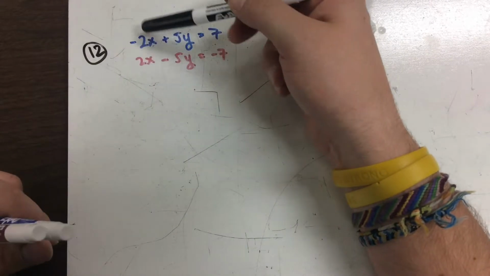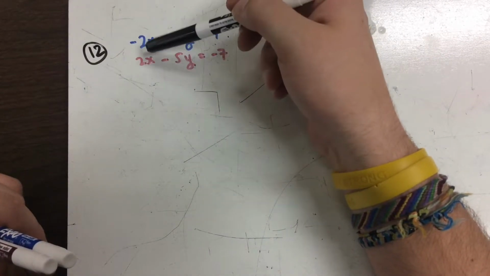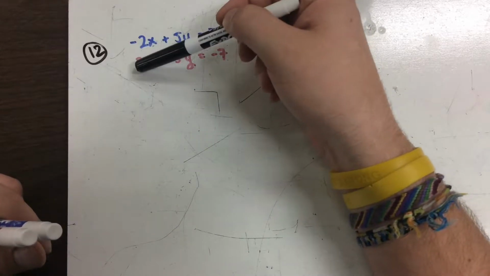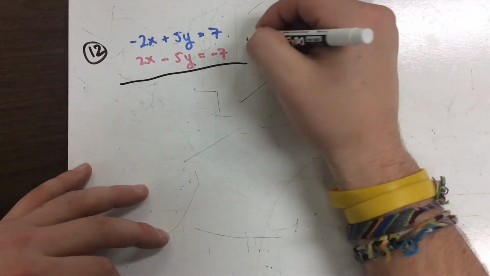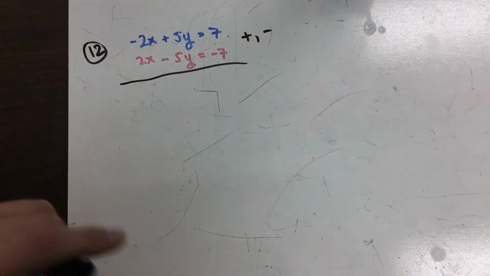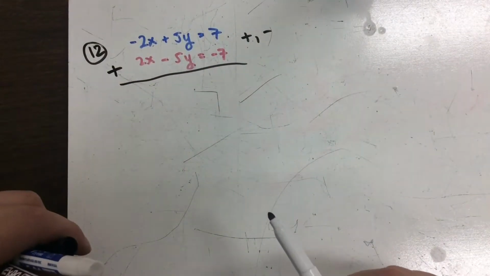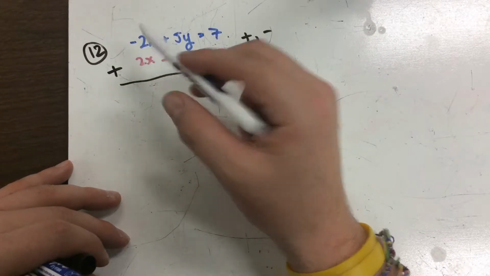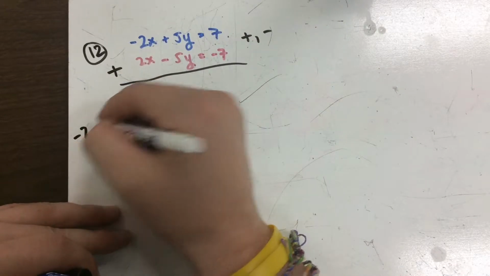And I'm going to think to myself, how can I make this into a 0x? Let's see. If I add negative 2 and positive 2, I'm going to get 0. So the operation I'm choosing between addition and subtraction this time is going to be addition. So now I'm going to go through. I'm going to say negative 2x plus 2x. That's 0x. Again, if you need to write that out, do it.